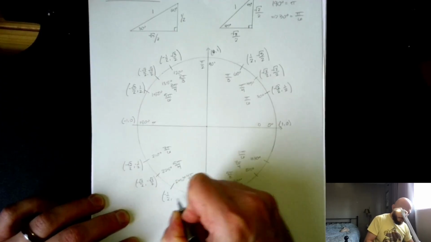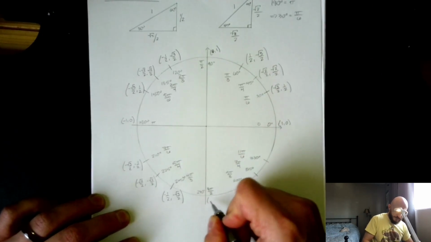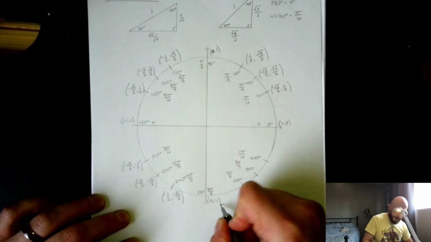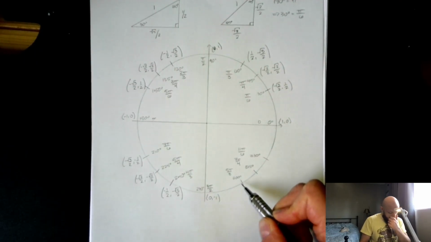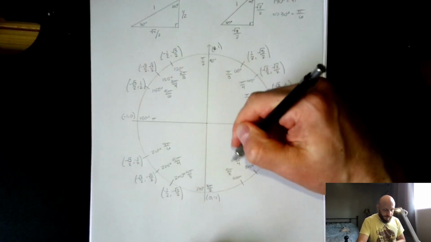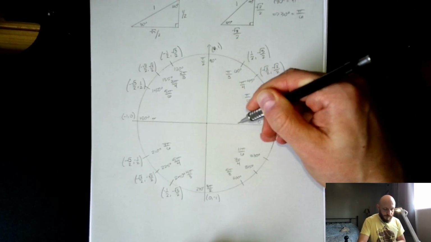Negative 1/2, comma, negative root 3 over 2. 270 degrees, this is the coordinate 0, comma, negative 1. 300 degrees, the reference angle here would be 60 degrees.